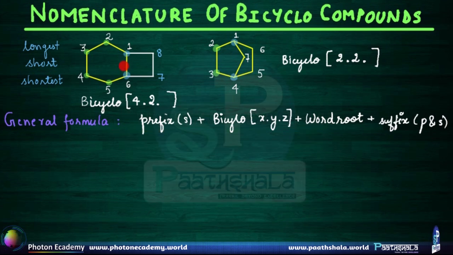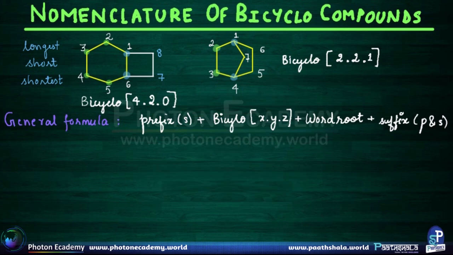In the first example there are 0 carbon atoms in our shortest path, so Z over here is 0. And in this example there is 1 carbon atom in your shortest path, so your Z is 1 over here. This is how you represent the bicyclo part of your general formula. It is very important to learn what your X, Y, Z are exactly.